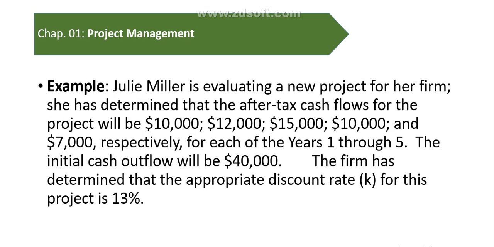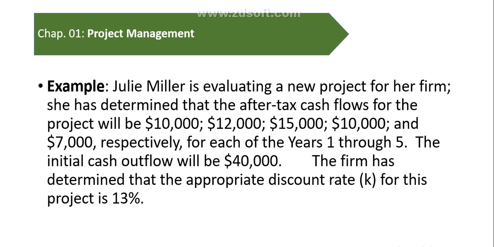After the formula, I have written an example. Julie Miller is evaluating a new project for the firm. She has determined that the after-tax cash flow for the project will be 10,000, 12,000, 15,000, 10,000, and 7,000 respectively for each of the years 1 through 5.